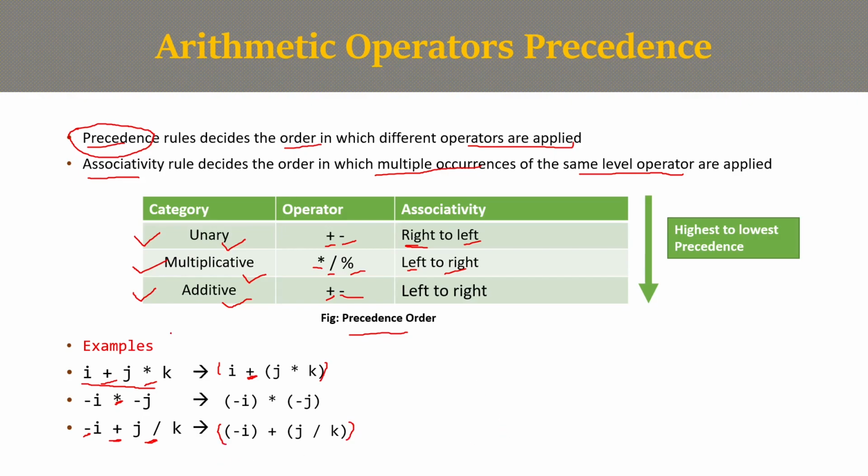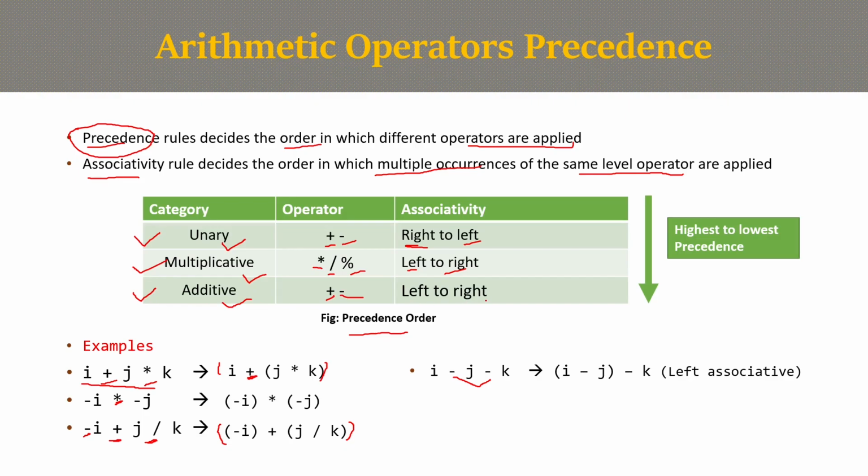Now let us see some examples that help us understand how associativity is implemented. Here we have i minus j minus k. In this expression we have two minus operators, the same operator. So we are confused about which order we are going to evaluate this expression in. For the additive, minus, I have given the associativity from left to right.